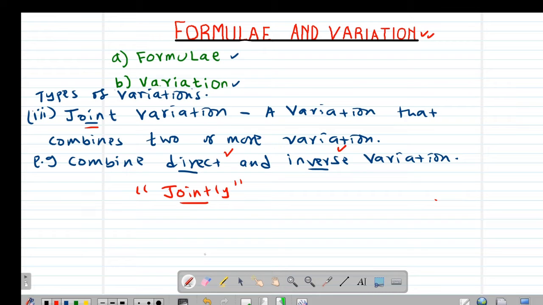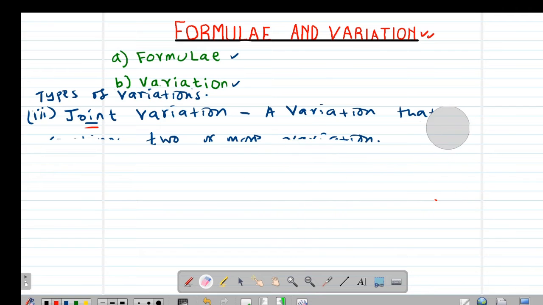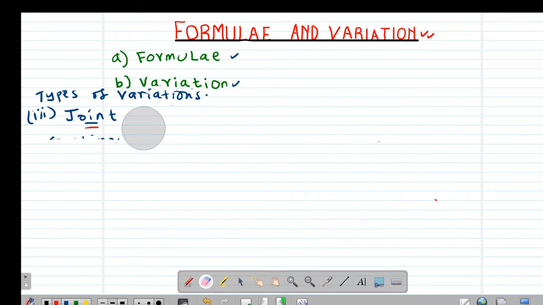Then the fourth and the last type of variation is what we call partial variation. So our fourth type of variation is partial variation.